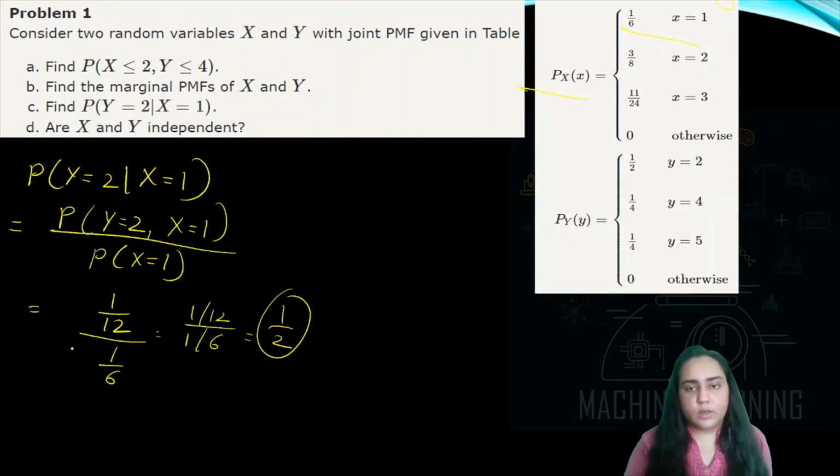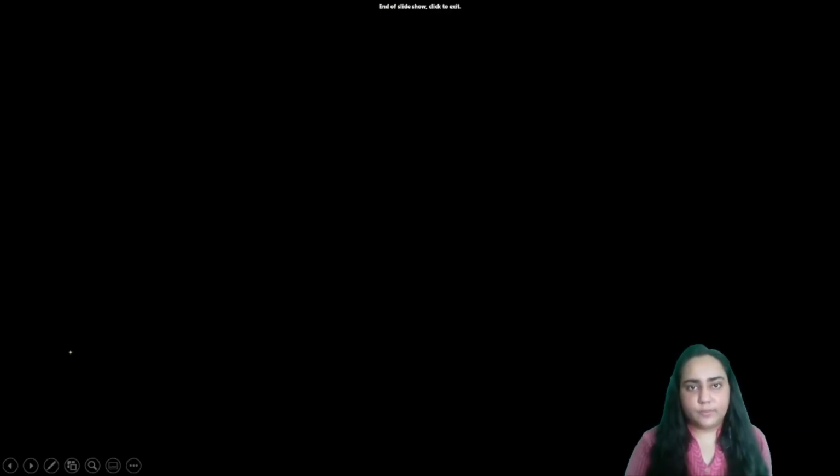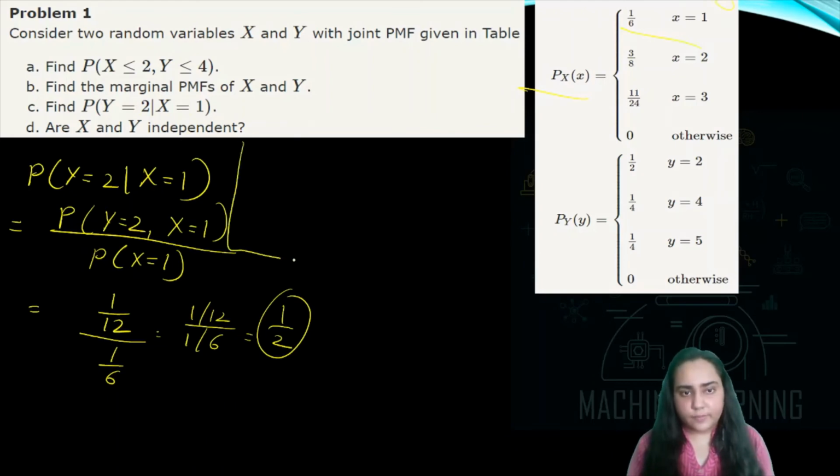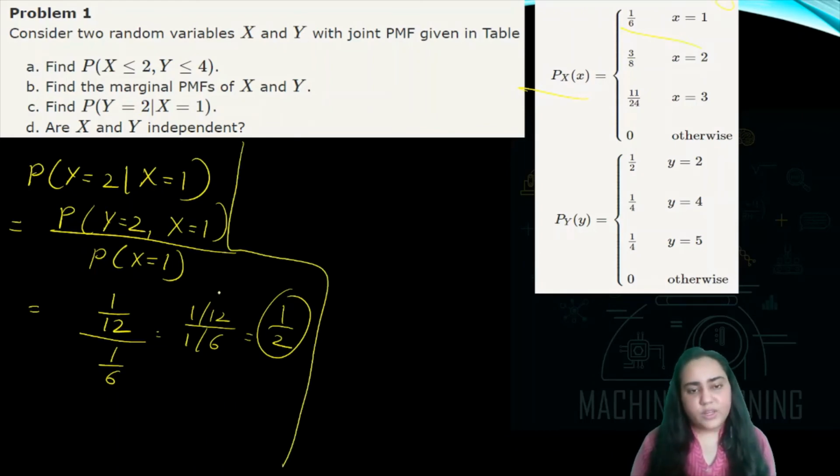Okay. Now let's talk about the last question. So the last question is saying, are x and y independent? Okay. So the question is, are x and y independent variables? So let's just take a look at that. When can you say that two variables, x and y, are actually independent variables?